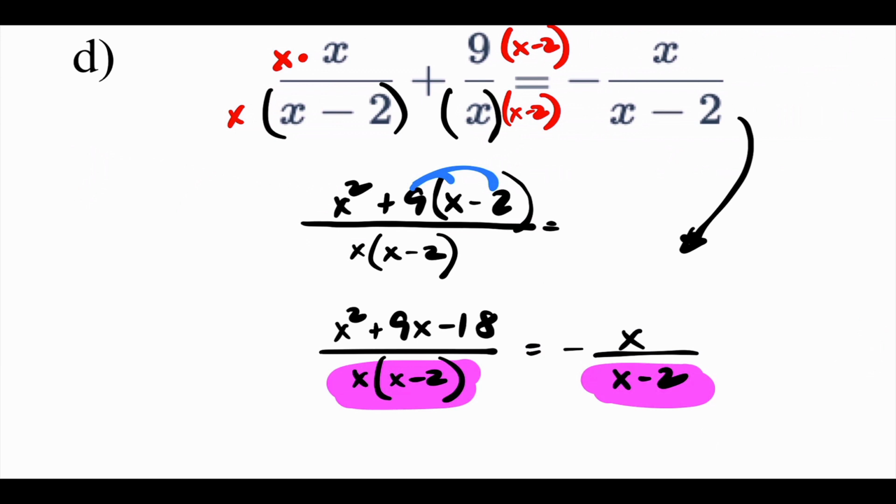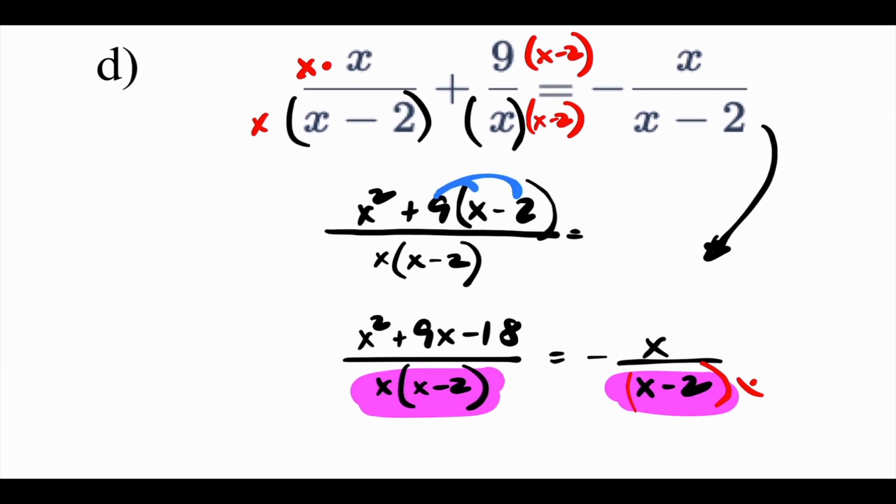Again, cross multiplication will work. It's just going to be long, and I don't want to have to do all of that. So is there a way I can make these 2 denominators the same? Include an x, right? It's already a binomial. I got that. Just give it an x, multiply x.